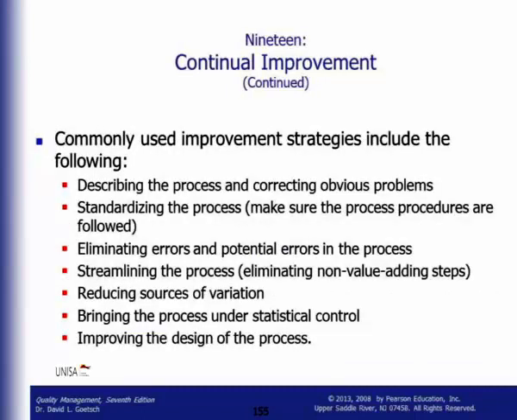Commonly used improvement strategies include the following: describing the process and correcting obvious problems, standardizing the process, making sure the process procedures are followed, eliminating errors and potential errors in the process, streamlining the process, reducing sources of variation, bringing the process under statistical control, improving the design of the process.